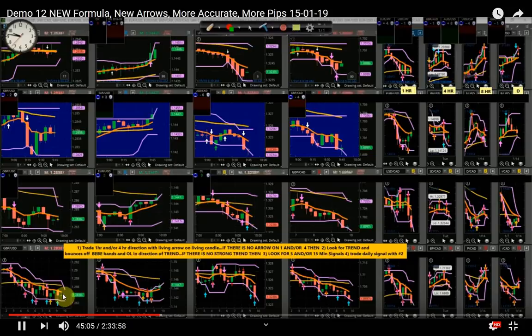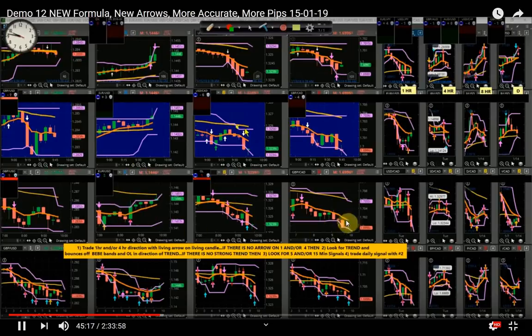GU, did you touch that there? I can't really see. Anyway, now look at the GCAD. This time it's come back to the 15-minute orange line. Momentum's kicked in again, back down again. GU 15-minute there. I like the 30 a bit more because it keeps going off the 30.